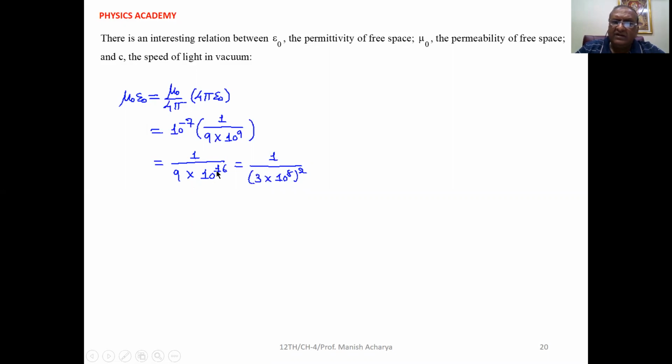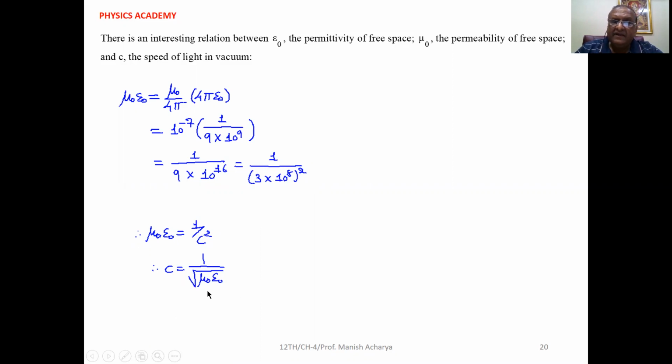But 9 into 10 raised to 16 you can write as 3 into 10 raised to 8 whole square. But 3 into 10 raised to 8 is the speed of light in vacuum. So we can write mu0 epsilon0 equal to 1 upon c square. So c equals 1 upon under root mu0 epsilon0. Related to this, questions were asked in NEET and JEE both.